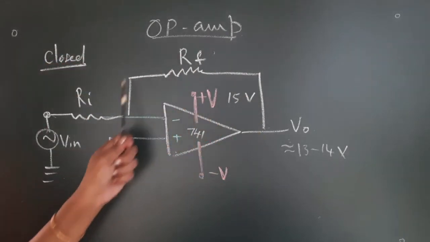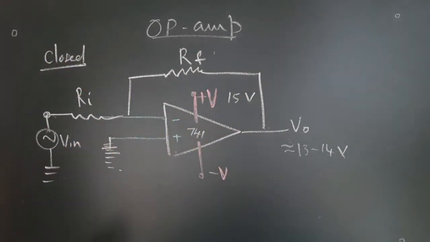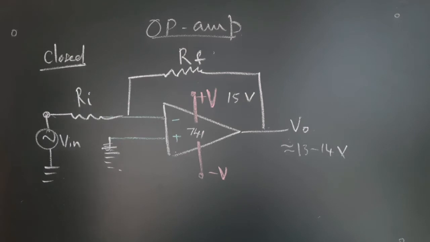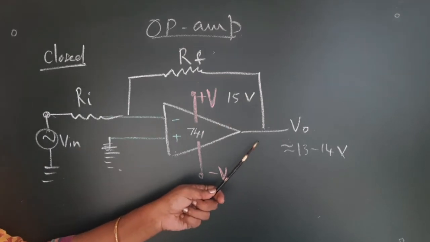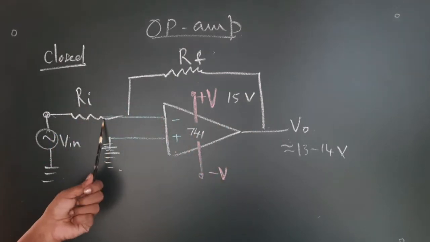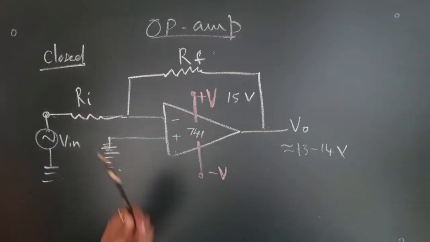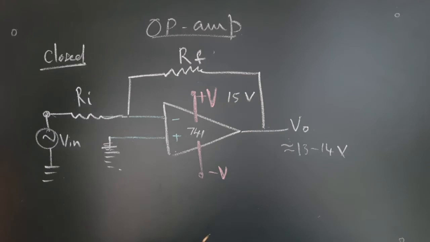The loop is closed, the output is connected to the input, or this is a condition where we have applied negative feedback. So, this negative feedback will reduce the effective input and it will lead to a decrease in output also. But it will have many other advantages.